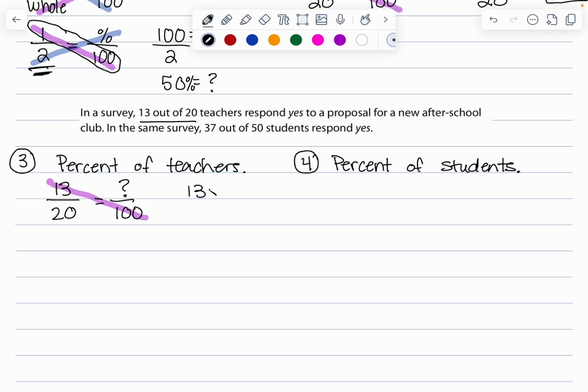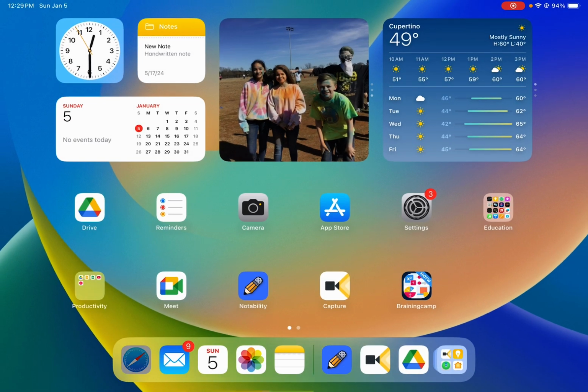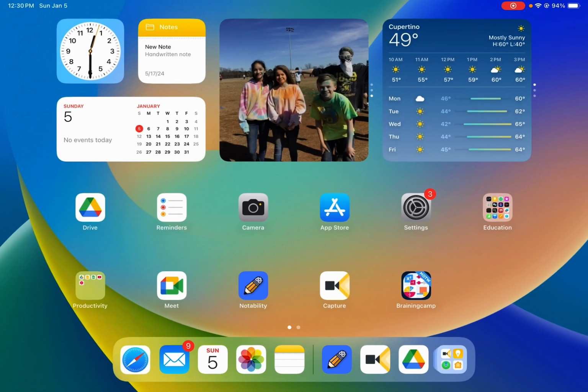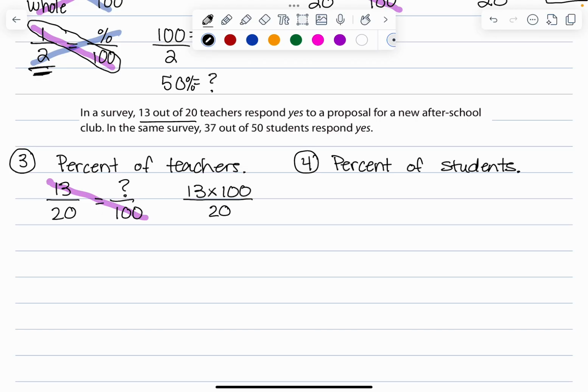So I'm going to do 13 times 100, and then we would divide by our third value. So we divide by 20. So 13 times 100 divided by 20. And that means 65% of teachers are in favor of this after school club.